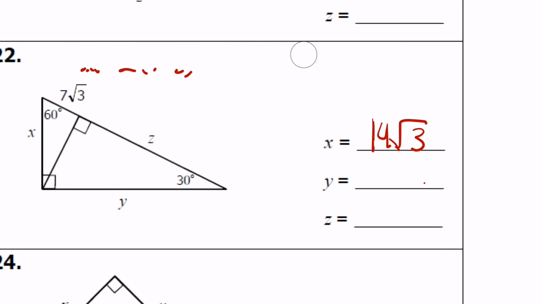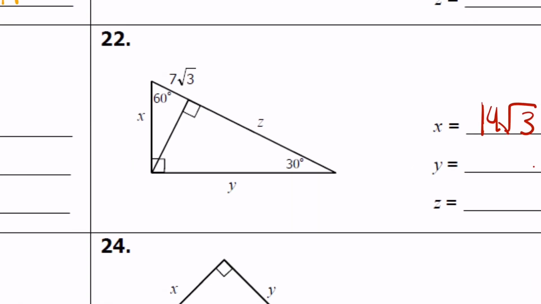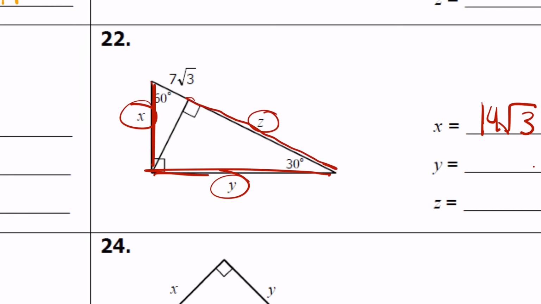So the reason I wanted to look at this one is you can use this side x and this larger triangle here to find y. It's not going to help you with z though, because z is just this individual piece here. It doesn't count for the whole hypotenuse of the large triangle.